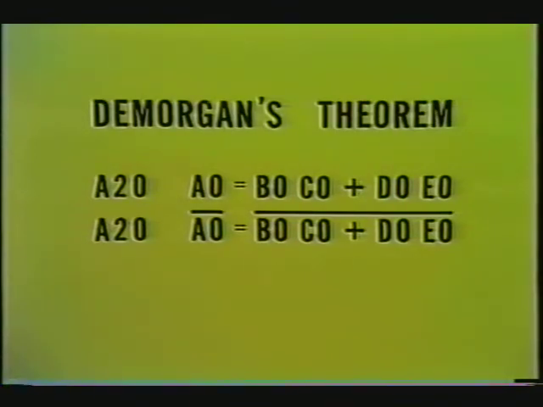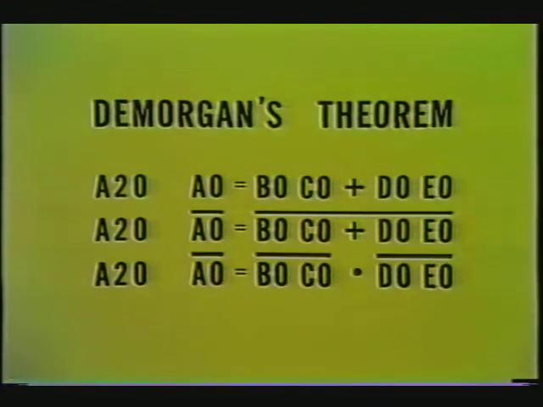First, both sides of the equation are negated, producing not A0 equals not of (B0 and C0 or D0 and E0). The next step is to break the line over the OR symbol and change the symbol to AND. All logical operations now involve only AND functions, and we can solve the equation using AND gates.